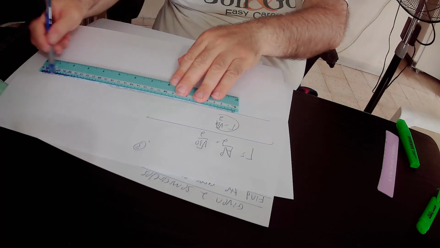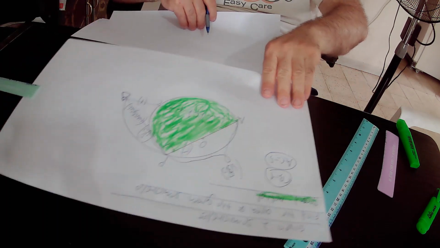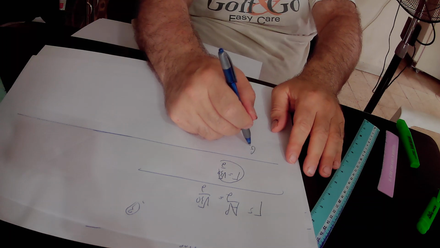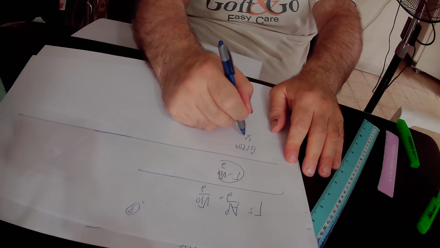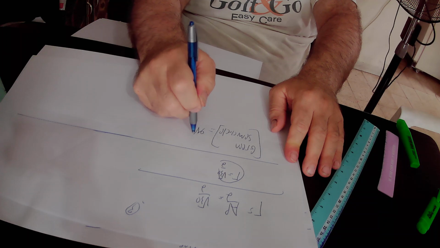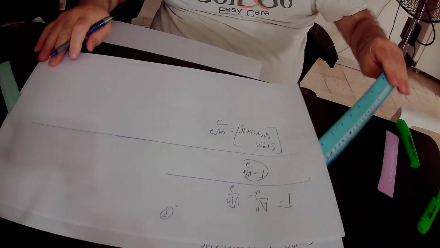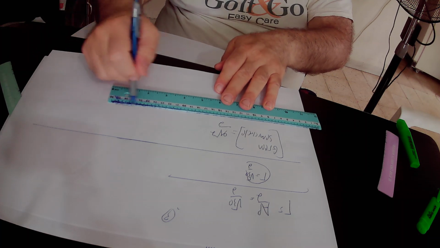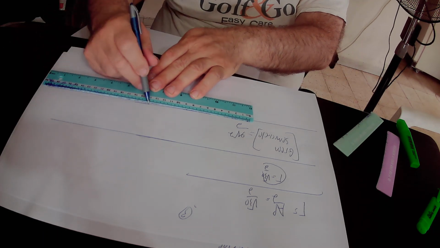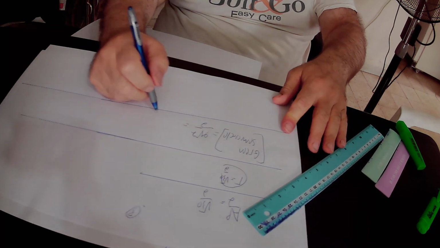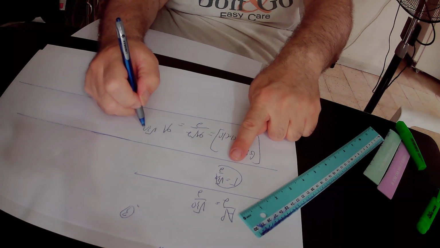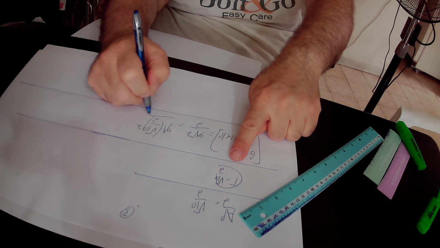Our mission is to find out the area of this green semicircle. The area of this green semicircle equals pi r square over 2. So r is equal to square root of 30 over 2, therefore r square is equal to square root of 30 over 2 squared.